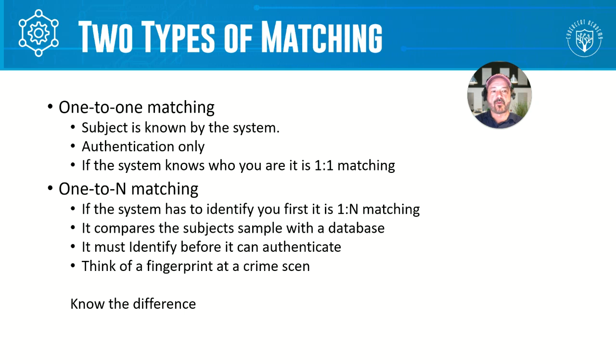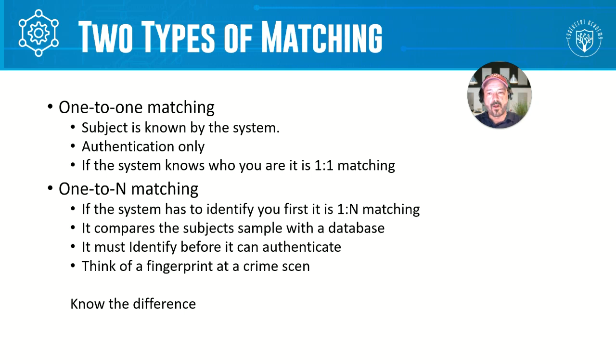Let's say the procedure involves you taking your CAC and scanning it in. As part of that, the system draws the biometric profile out of your CAC. You're already telling the system who you are. It knows who you are.